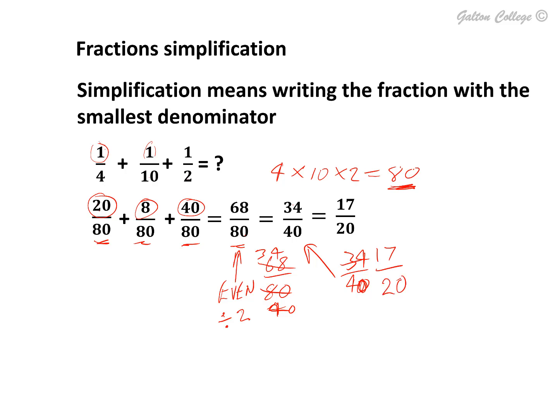So 34 over 40 is the same as 17 over 20. Can we go again? Well, no, we can't, because 17 is an odd number. So we can't do anything with that. We have to leave it. 17 over 20 is the best we can do. And that's the smallest denominator we can have. The 20 is the smallest denominator.